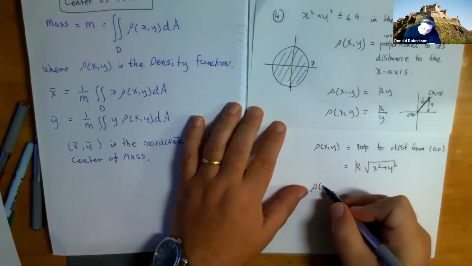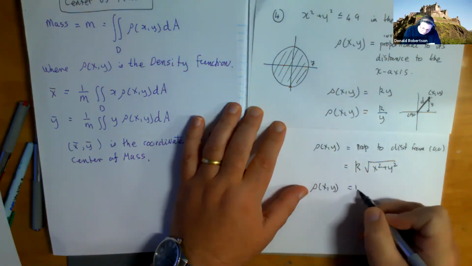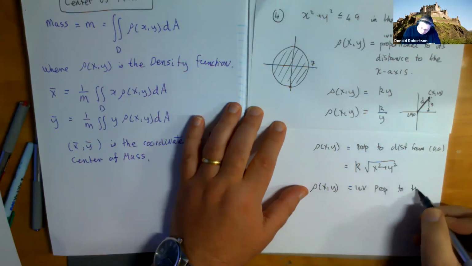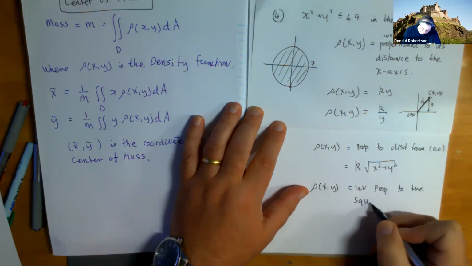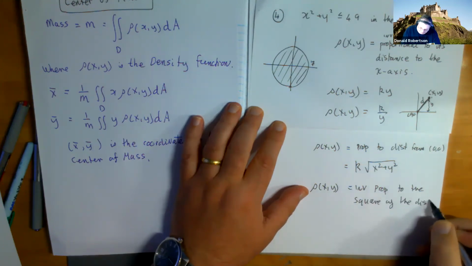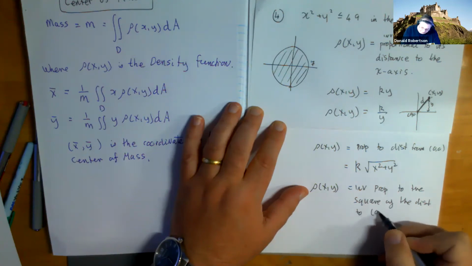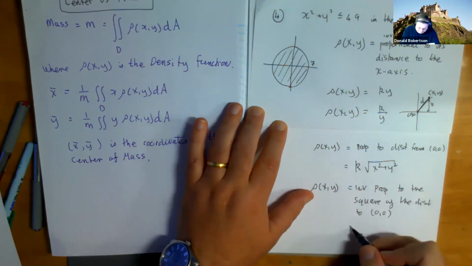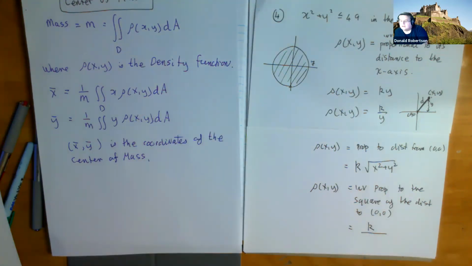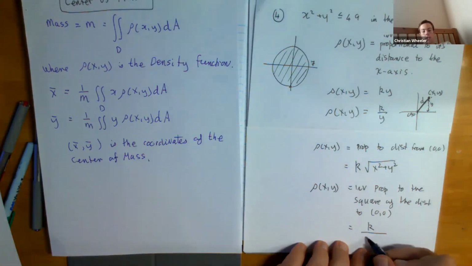Suppose I went and said to you that the density function was inversely proportional to the square of the distance to the origin. Now, inversely proportional means it's going to be k over somebody. What's the square of the distance to the origin? x squared plus y squared.